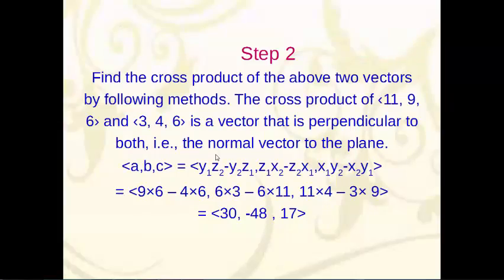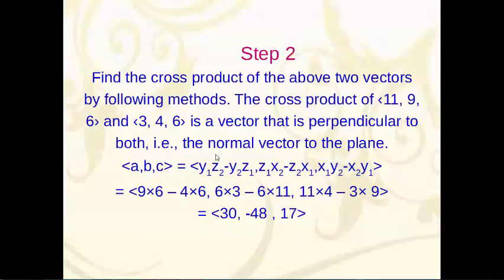Now, in the second step, find the cross product of the above two vectors. The cross product of the vector (11, 9, 6) and the vector (3, 4, 6) is also a vector that is perpendicular to both vectors.